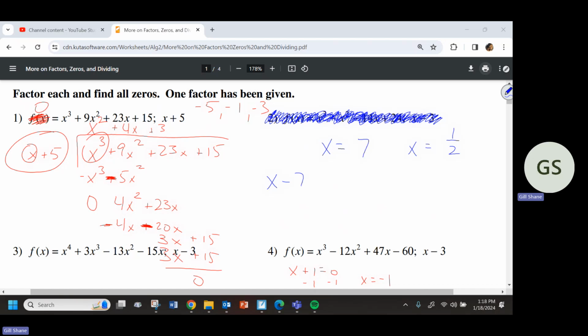And it would have to be the opposite sign because that would be add 7 and add 7, which would give us x equals +7 for that zero. I don't want you writing x subtract 1/2. That would just be -2. If I said x plus 2, I'd subtract 2 and subtract 2, that'd be x equals -2, which is not x equals 1/2.